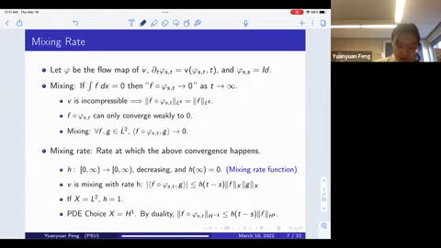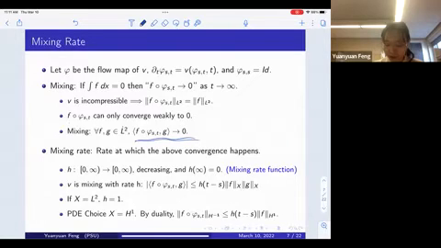So what is the mixing rate? We introduce the mixing rate to be the rate at which the above convergence happens. First, we have a rate function, say call it H. H is positive, decreasing, and vanishes at infinity.